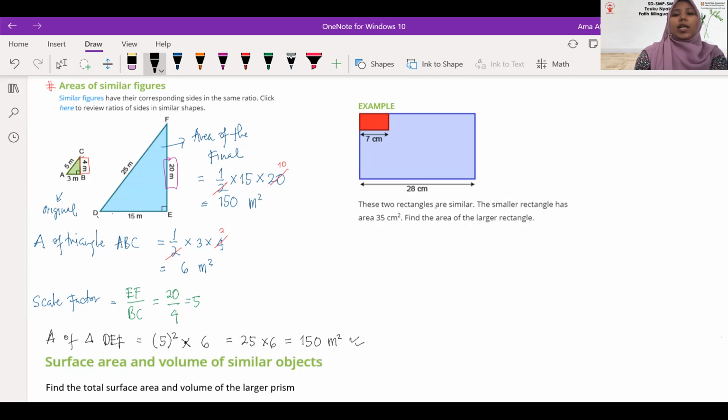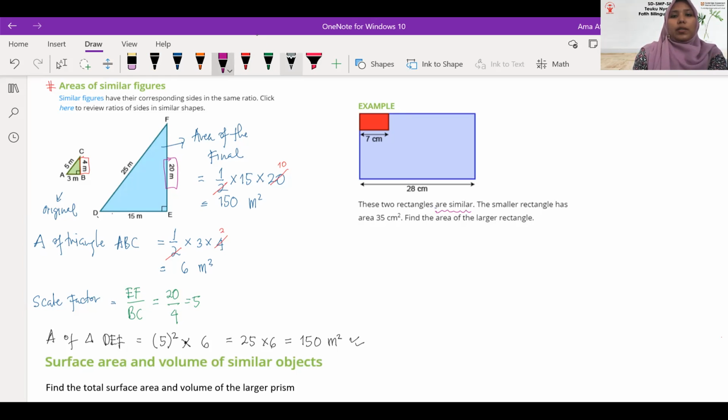Now let's take a look at the example here. These two rectangles are similar. Because they are similar, they have a scale factor. The smaller rectangle has an area of 35 square meters.